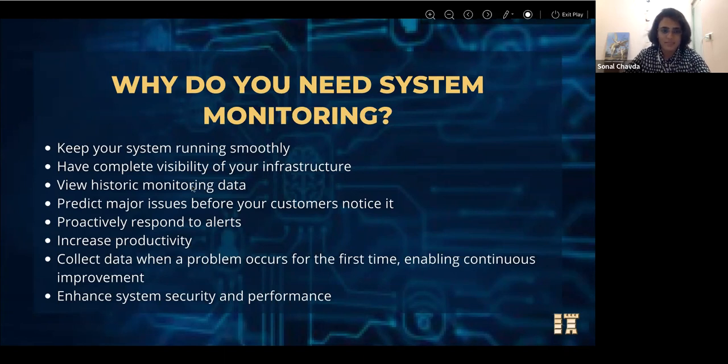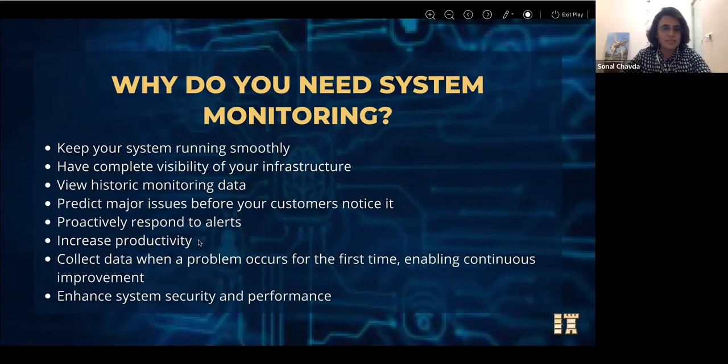And with all these things configured in place, your team members are at ease because they don't need to worry about constantly keeping an eye on the infrastructure. Your monitoring system will do it, and the team can spend more time on improvement and advancement of the existing system rather than just maintaining it.